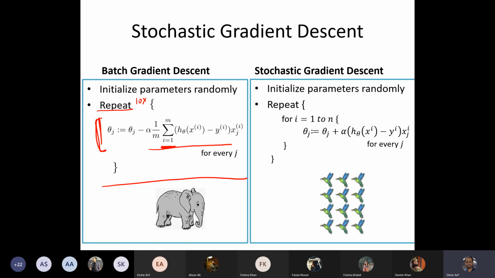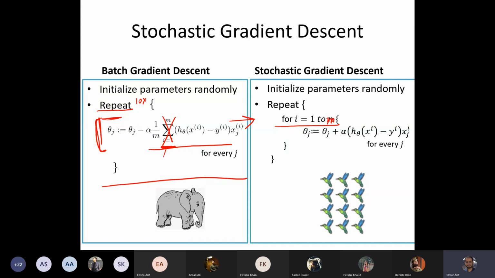So this takes a lot of time to converge. Take out this summation from here and move it over here outside. So this results in the stochastic gradient descent. As you can see, we have the for loop here instead of the summation here. This should actually be m because we have m examples.